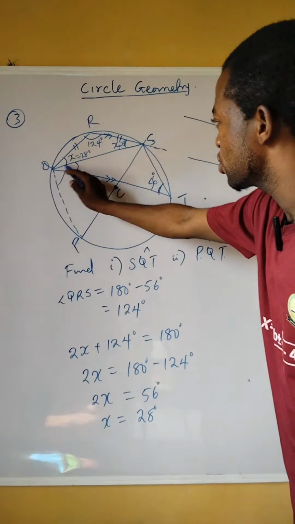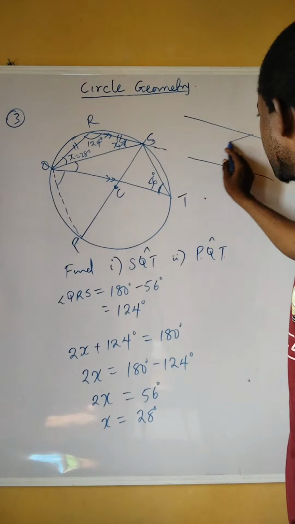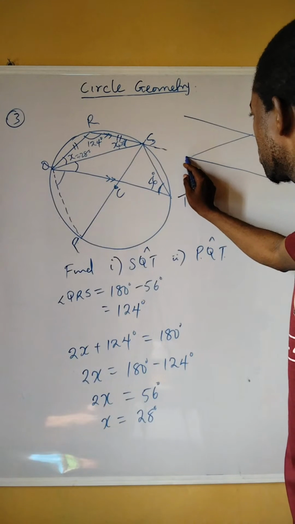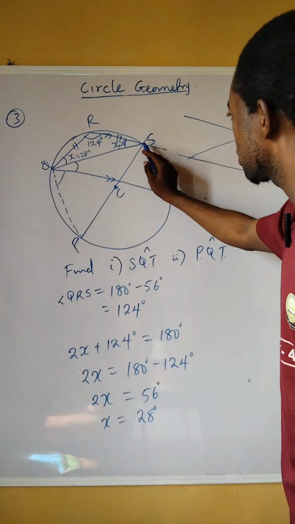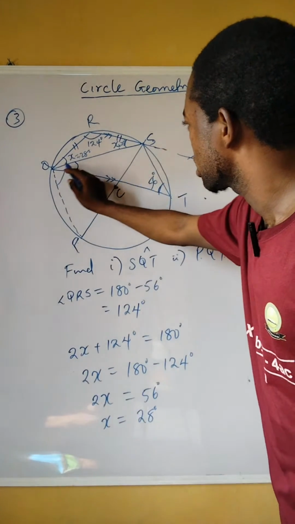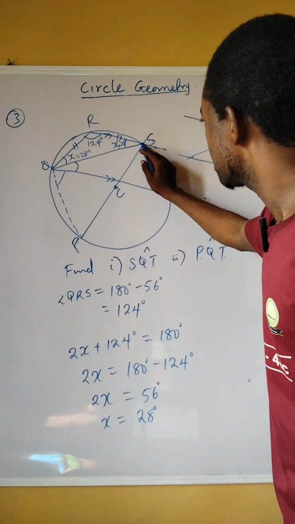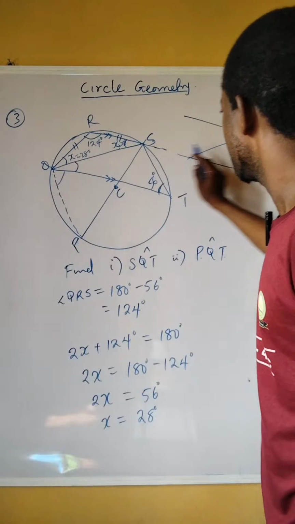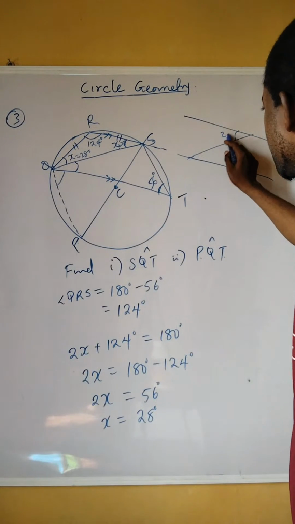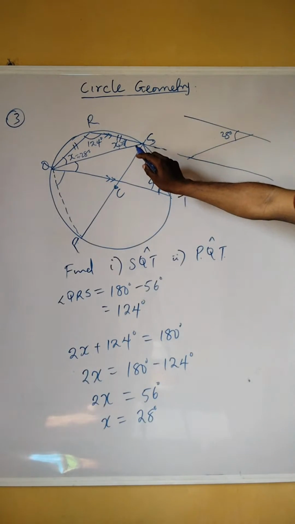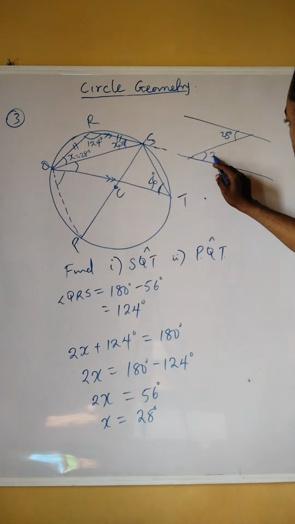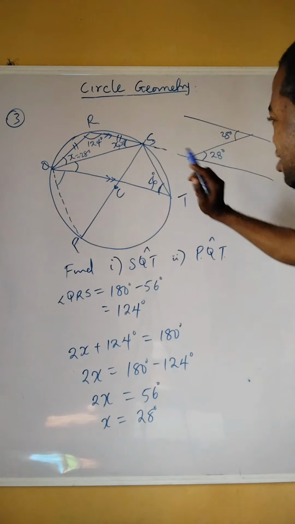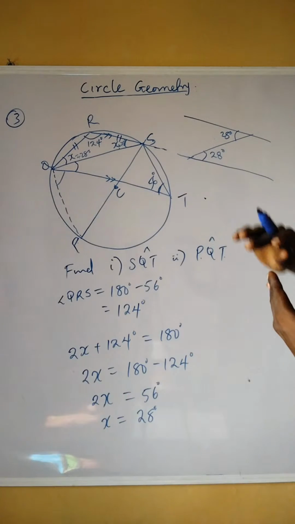Look at line QS as a transversal that crosses two parallel lines. It meets at this place and also meets at this place. Now here, this is 28 degrees according to what we have. This angle too will be 28 degrees. That's alternate angle, like a Z angle.